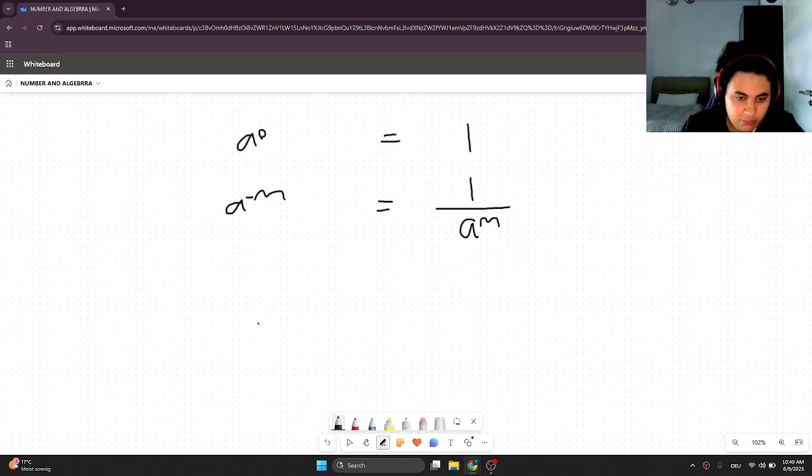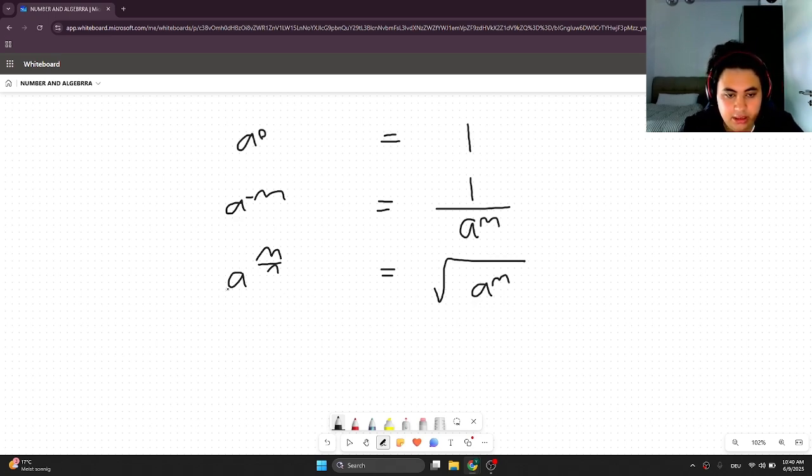Then finally, you have a to the power of m divided by n. This is the fractional exponent rule. In this case, what you're going to have is a root. So you're going to do the base to the power of the number on the numerator of the fraction in the exponent, and then the denominator is going to be the number on your root.